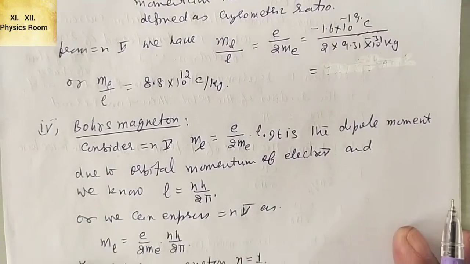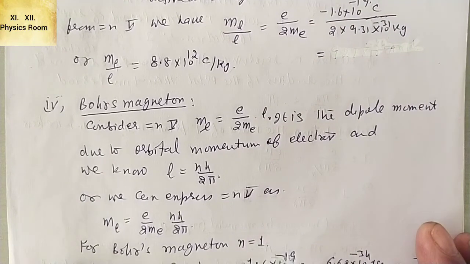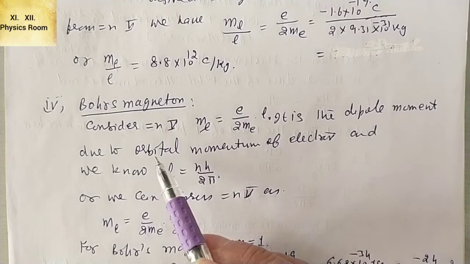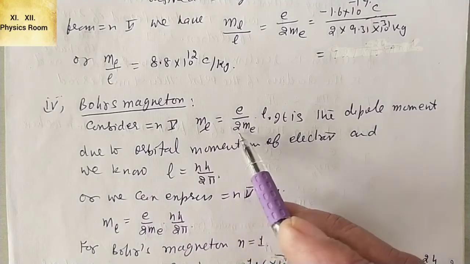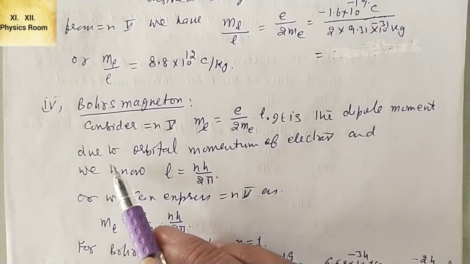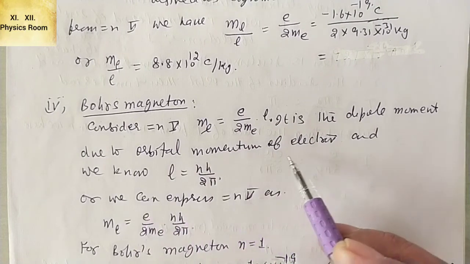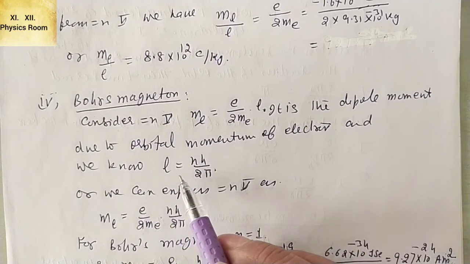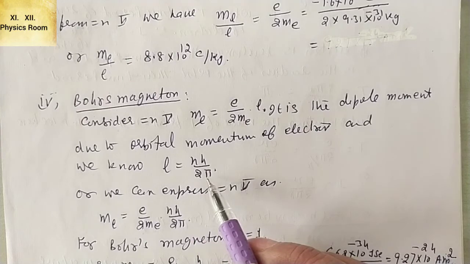Now, Bohr's magneton. What is Bohr's magneton? Let us see. Consider equation 5: ml is equal to e by 2 me into L. It is the dipole moment due to orbital momentum of the electron, and we know angular momentum L is equal to nh by 2 pi according to Bohr's second postulate of the atomic model.